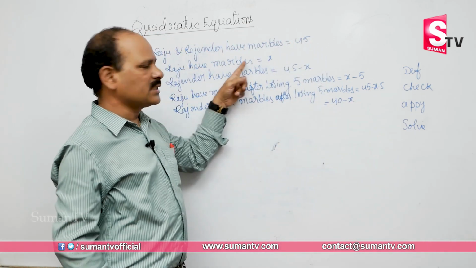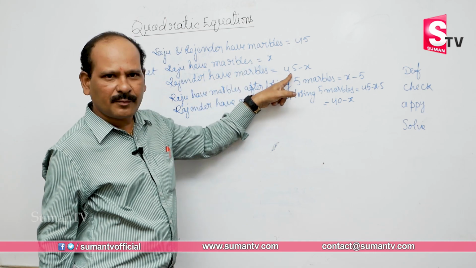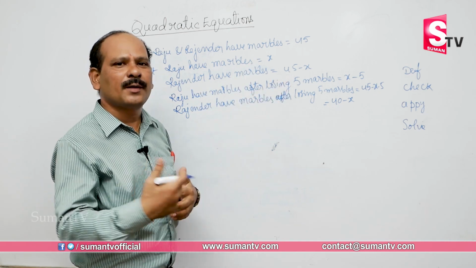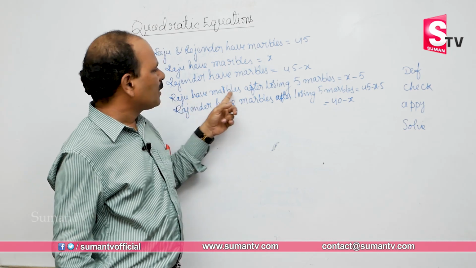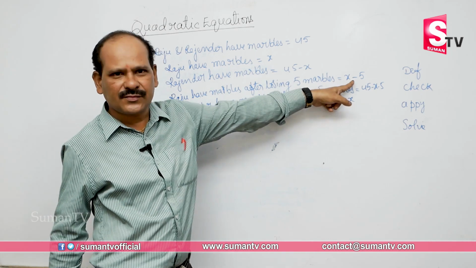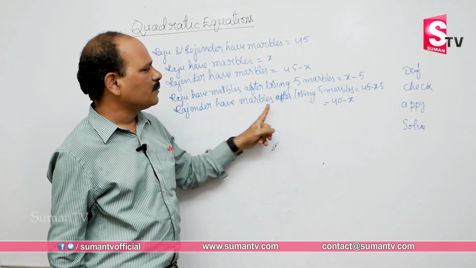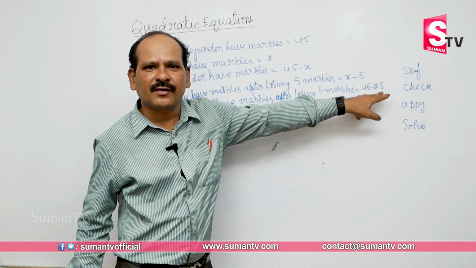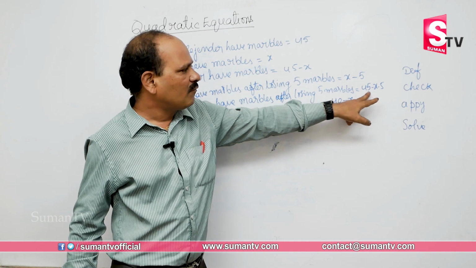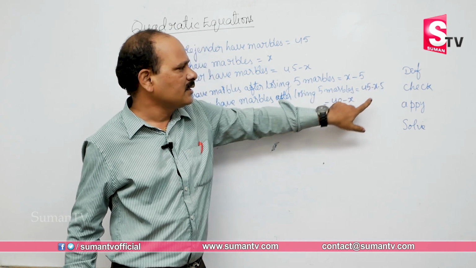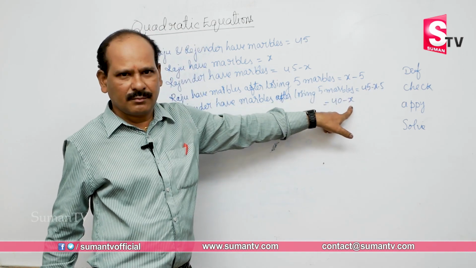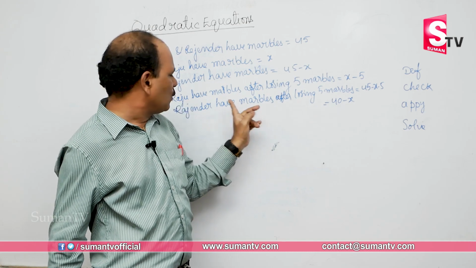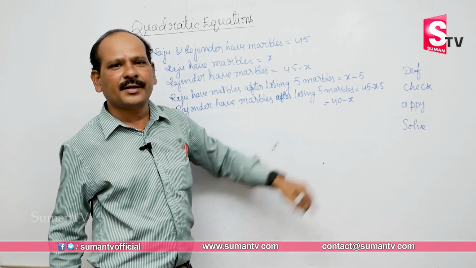Previously Raju had x marbles, Rajendra had 45 minus x marbles. After losing 5 marbles, Raju has x minus 5. Rajendra has 45 minus x, and again we subtract 5 from this, so 45 minus 5 is 40, and minus x remains minus x. So now Rajendra has 40 minus x marbles.